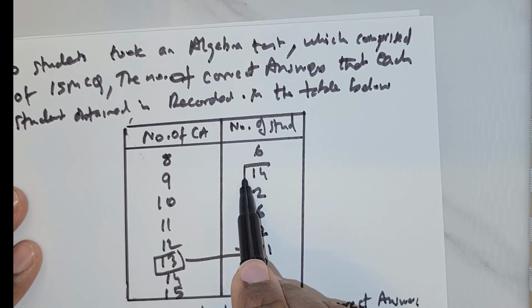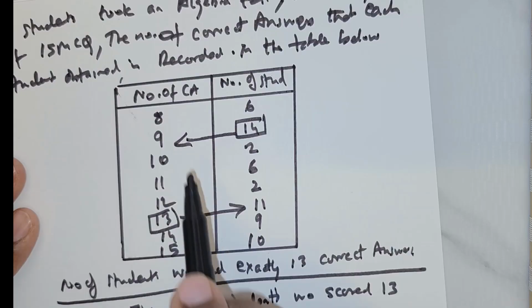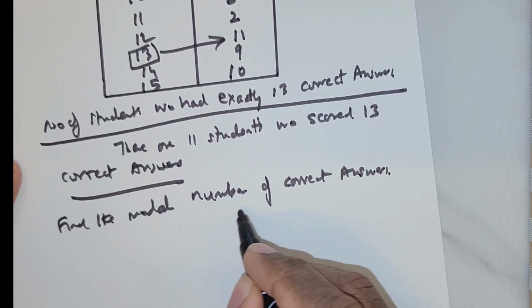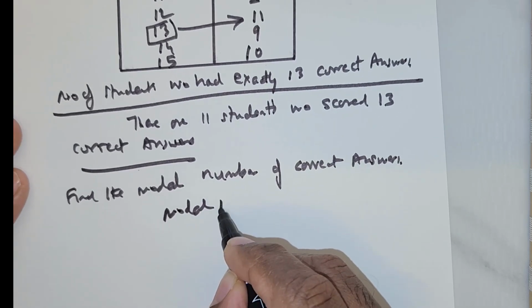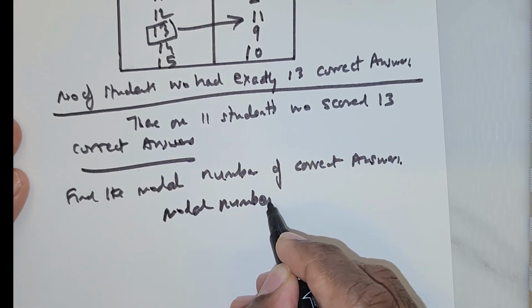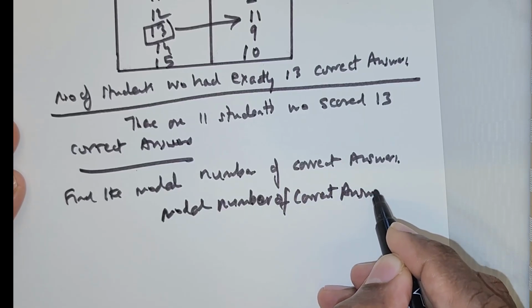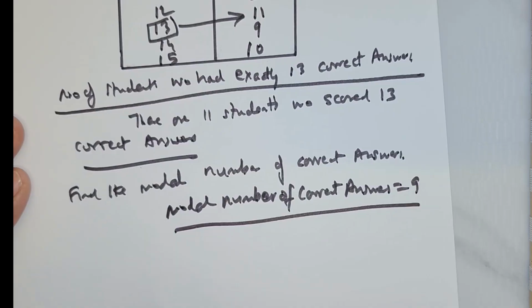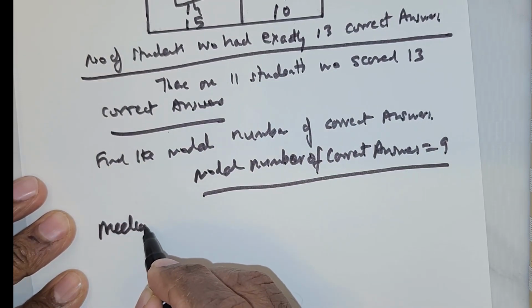So in this case, 14 students have scored 9 marks. So this is called the modal number of correct answers. So you can write that down. The modal number of correct answers equals 9, right?